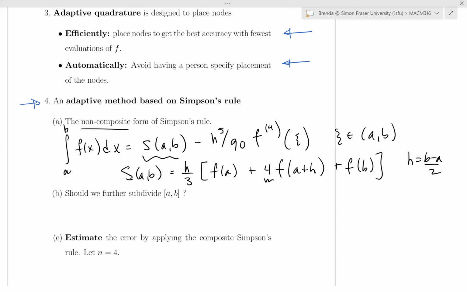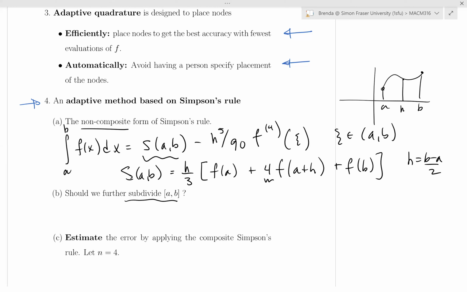What we're now going to try to do is understand, should we further subdivide the interval? And if the answer to that question is yes, we're going to ask, how should we subdivide the interval? Okay, so we've started here, and we've got the function like that between A and B. And we've got these 3 points like that.